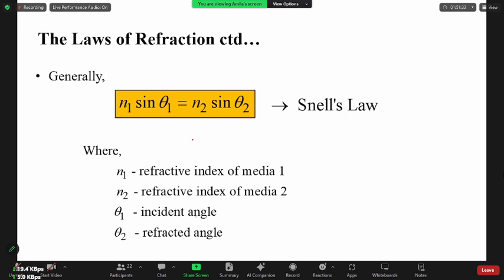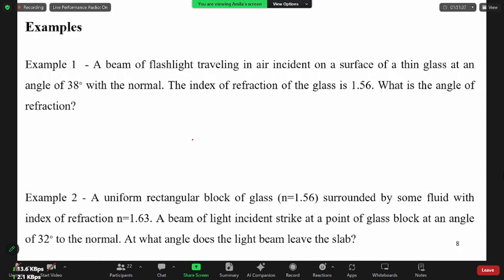Seems no questions. Right. Try these two examples and send me your answers as well. I'll give you a few minutes.